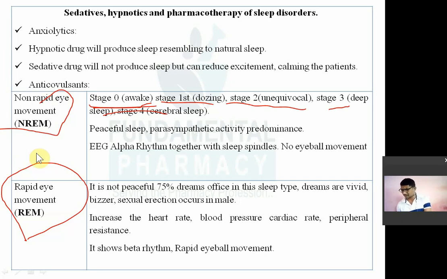Why is the name non-rapid eye movement given? Because in this sleep cycle your eyeball will not show any movement. It is a peaceful sleep, and in this sleep parasympathetic activity predominates. That means all the digestive processes will be there.